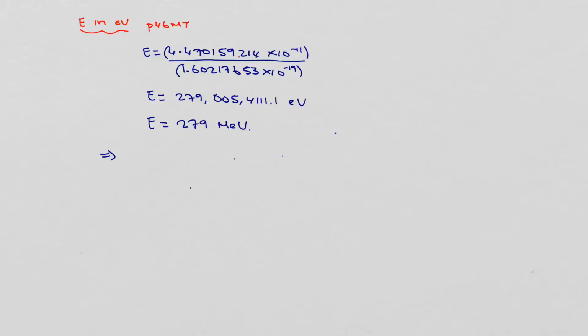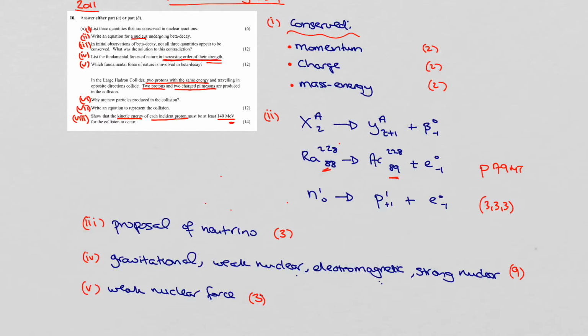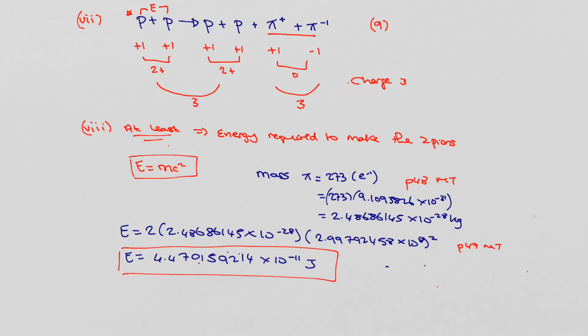And therefore, that is the minimum energy needed to make the 2 pions. In other words, the kinetic energy of the 2 colliding protons must be 279 mega electron volts. But if we go back to the question, it says show that the kinetic energy of each incident proton must be at least 140 mega electron volts.